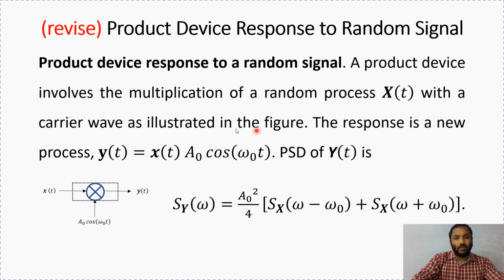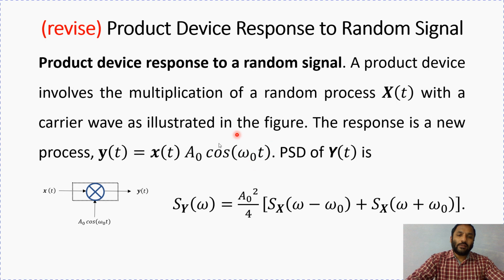Now all of you know how a cosine of a certain frequency looks. Cos omega naught t. Omega naught is the angular frequency in radians per second, and normally we know it is a periodic function with a period of 2 pi by omega naught.